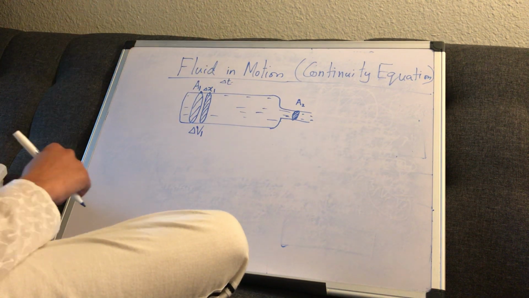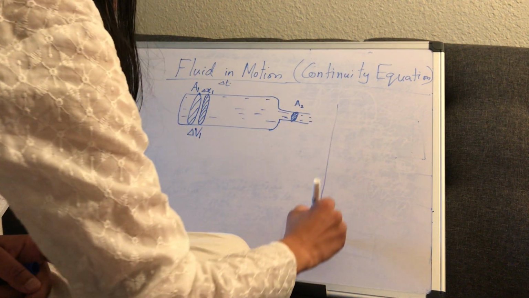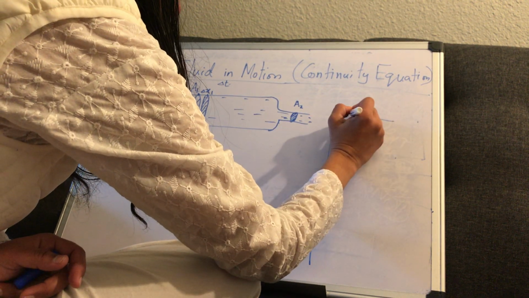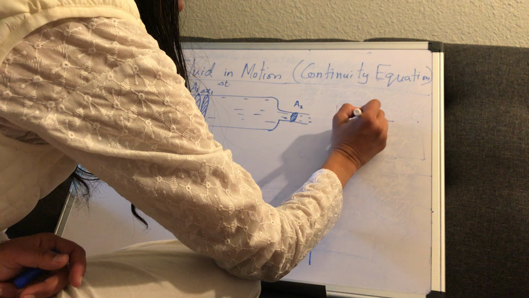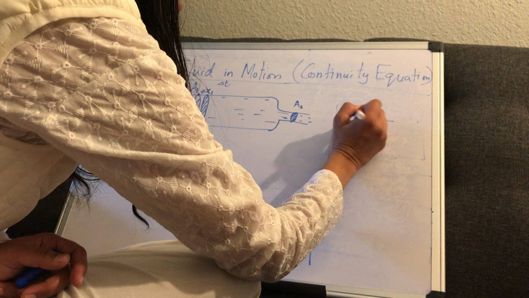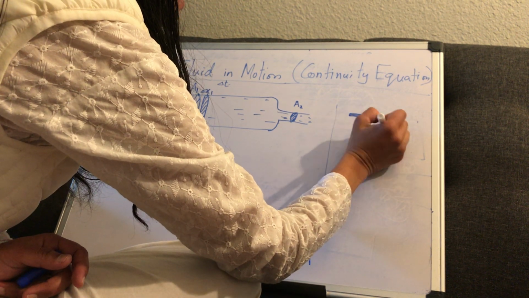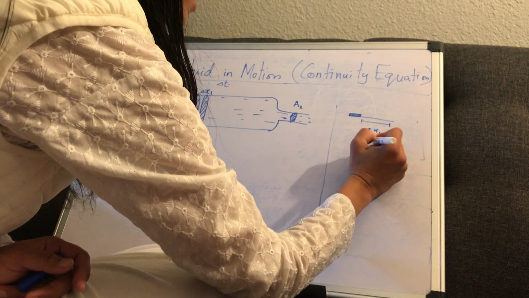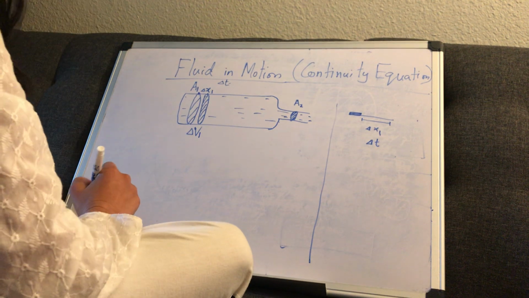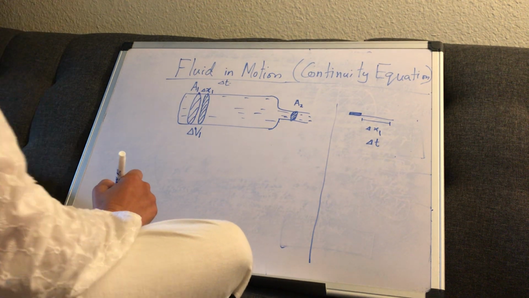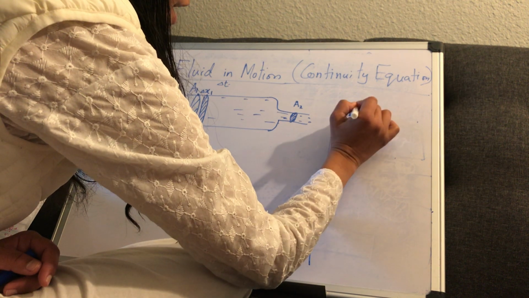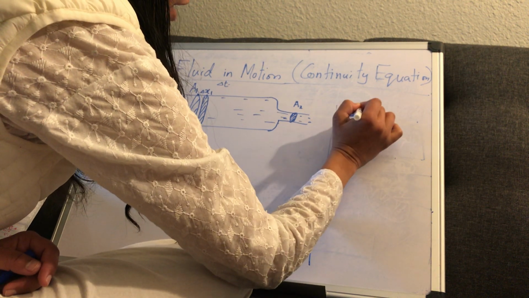Okay, so here I'm going to make this. What does that mean? This thing is traveling some distance, delta x1, in some time delta t. That's what I'm saying. And this has a cross-sectional area A1.